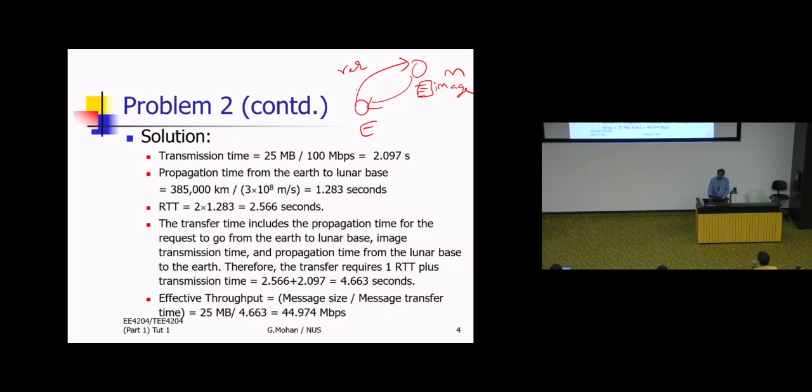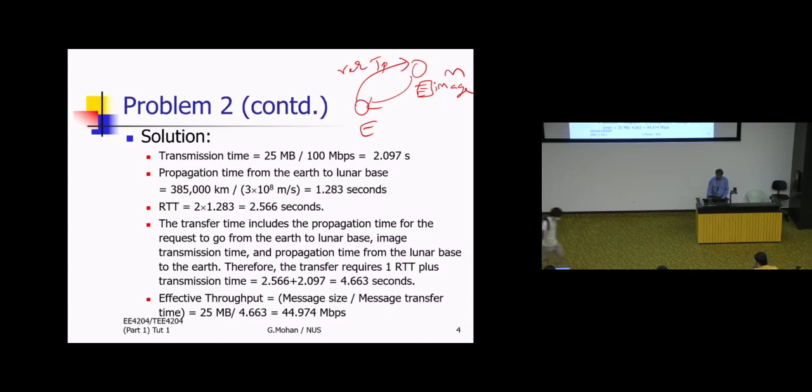In that case, you can ignore the transmission time of the request, so it needs only the propagation time to travel from the Earth to the lunar colony, because that distance is quite long. Compared to that, the transmission time of a very short request message is negligible, because we are not given anything about the request message size.